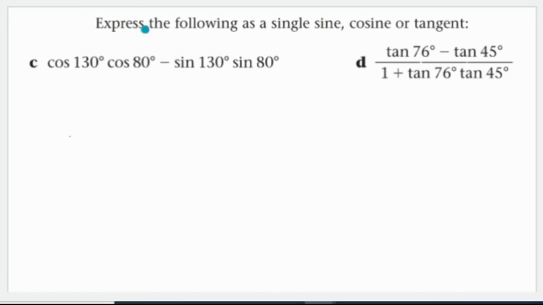So, here this question says express the following as a single sine, cosine, or tangent. So here we've got cos 130 cos 80 minus sine 130 sine 80.